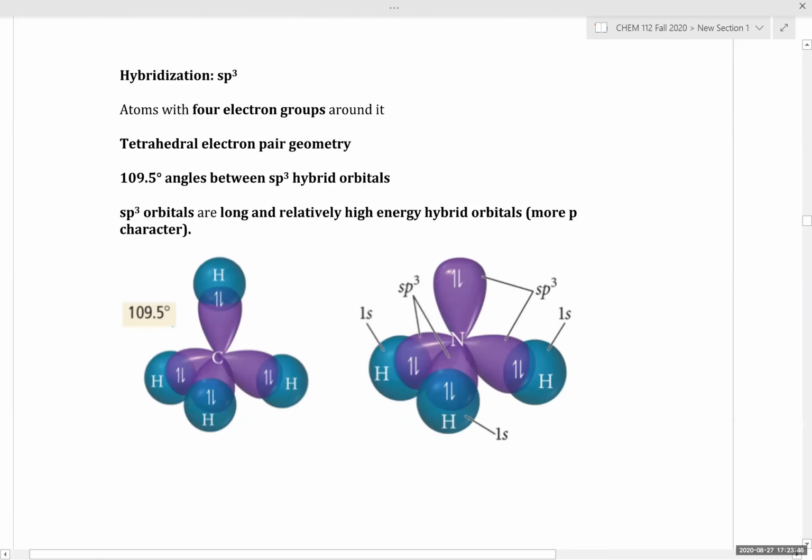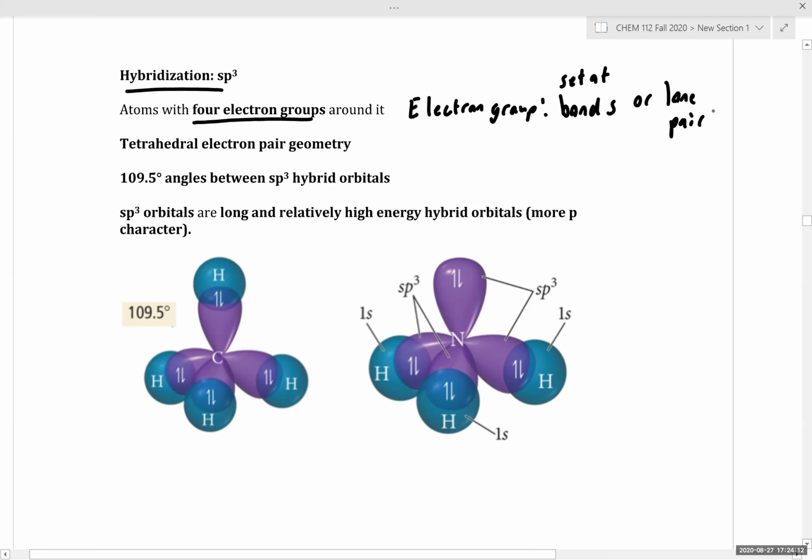So the sp3 hybridization closely correlates for an atom with 4 electron groups around it, where an electron group, also known as a charged sphere or steric group, is defined as a set of bonds or a lone pair.